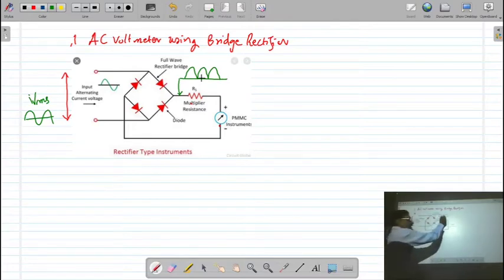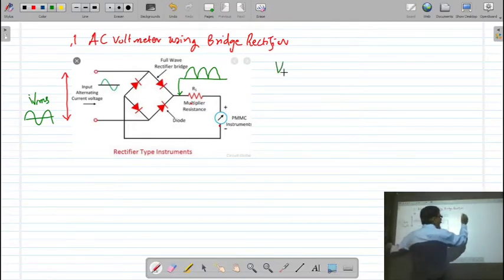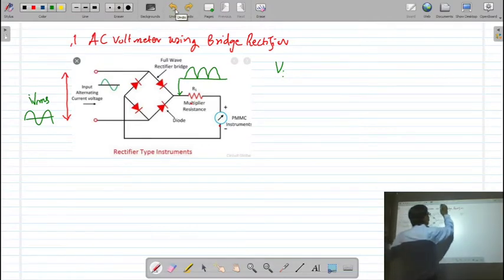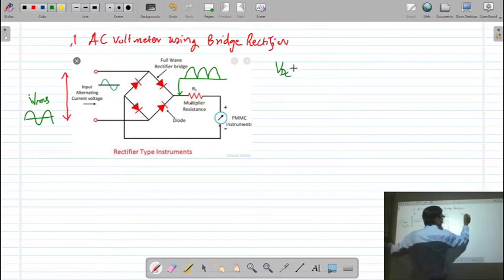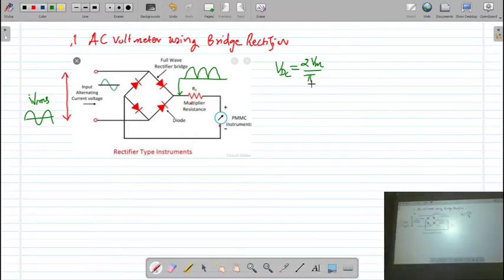And in this case, the VDC is given by 2 Vm by pi. Remember, in half wave rectifier, it was Vm by pi.